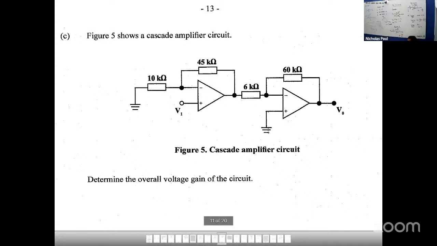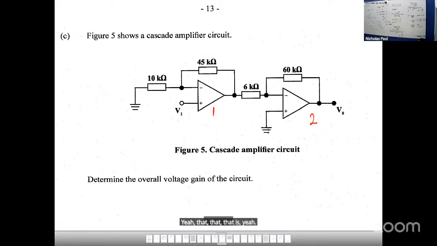Are you done? Oh yeah, work out the overall gain. Right, we have two op-amps, op-amp one and op-amp two.